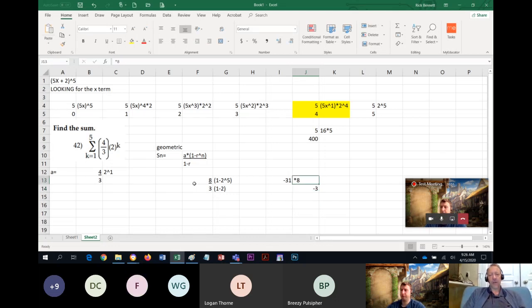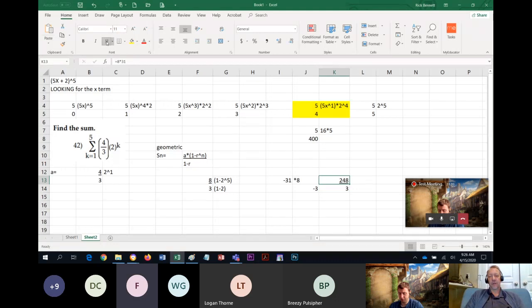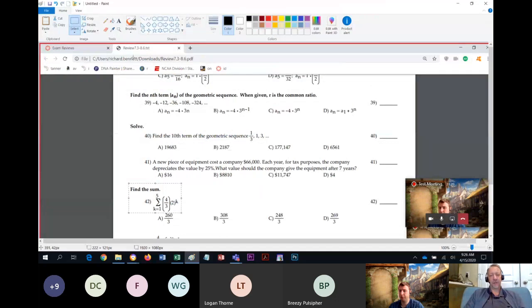So the negatives cancel, and I get 8 times 31 divided by 3, which is 248 divided by 3. That's not divisible by 3. On a multiple choice test, that's your answer right there: 248 over 3. Yep, it's answer C.